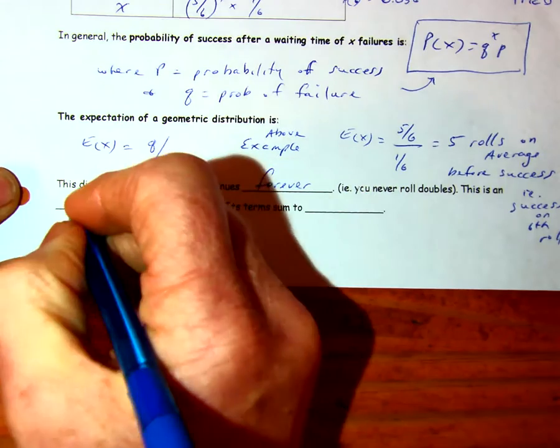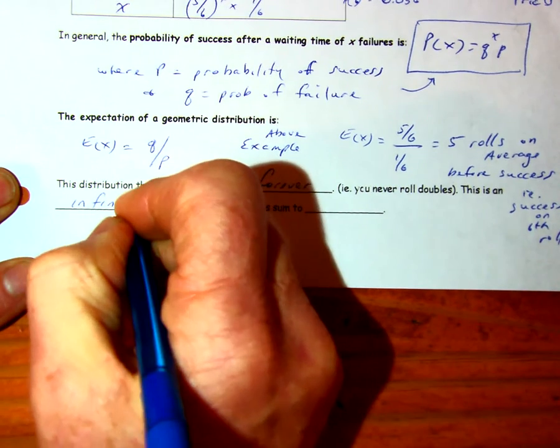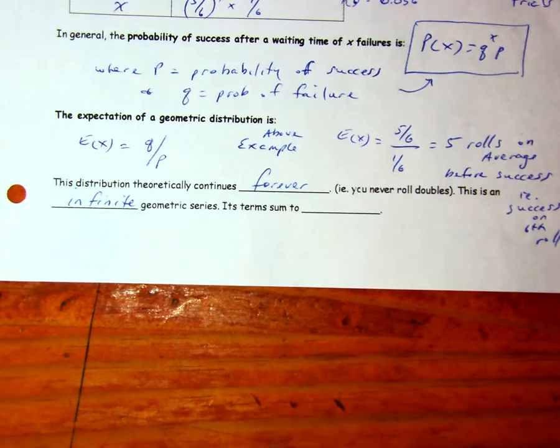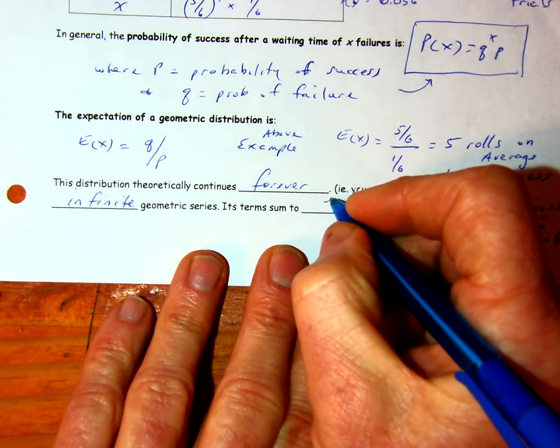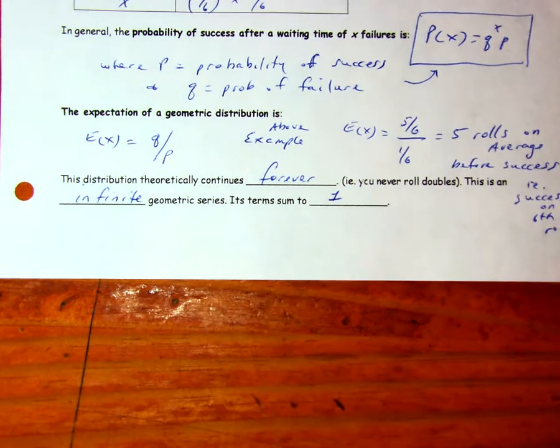So this is an infinite series, and even though it's infinite, as we already talked about, its terms sum to 1. All right, so this one's not too difficult. I don't think it's probably the easiest one of the bunch.